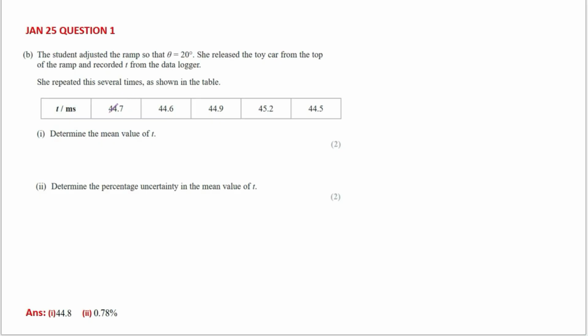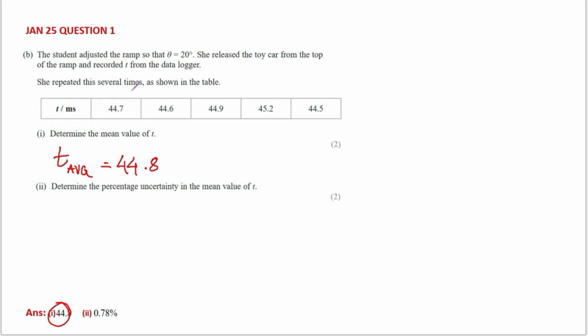So all you do is 44.7 plus 44.6 plus 44.9 plus 45.2 plus 44.5, divided by 5. The value I get is 44.78, but that is in 4SF. Like I just said, the mean value has to be consistent with the number of SF in the data set. So t average, or mean, equals 44.8 rounded to 3SF, which matches perfectly with the mark scheme as well.